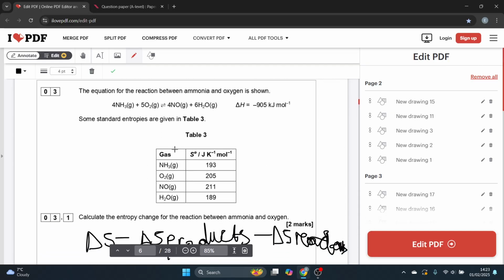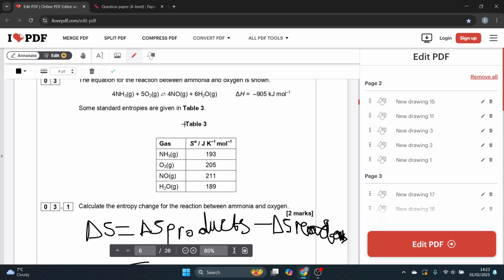It's just going to be 4 times 211 plus 6 times 189. You just use the moles times the S value, minus entropy of reactants, 4 times 193 plus 5 times 205.